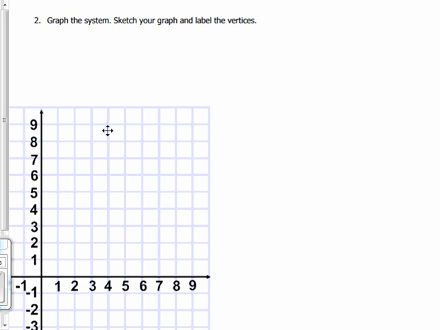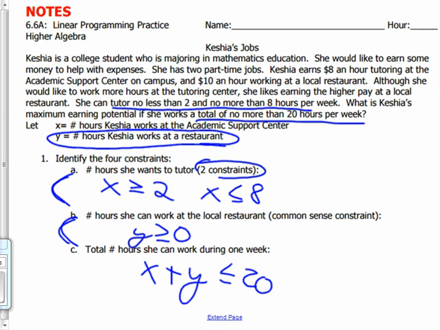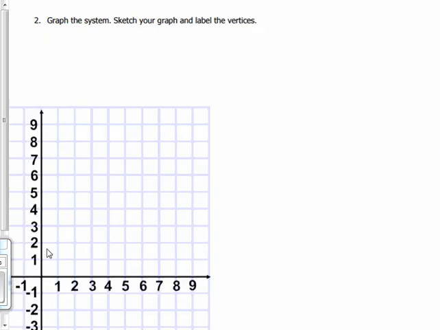Okay, and what were my constraints again? I have X is greater than or equal to 2. Okay. So I'm going to use my drawing tool here. Oh, that's a dotted line. That doesn't work for this because it's a solid line because it says or equal to. Greater than or equal to 2.